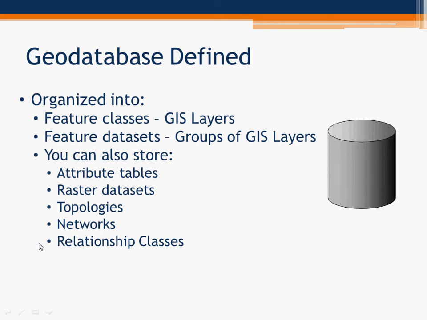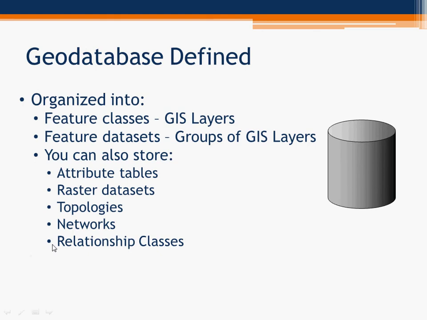Networks, relationship classes, these all have to do with how you're doing analysis, for example, on a pipe network of gas or electricity. You would model your data as a network to indicate where things are supposed to connect and where they're not supposed to connect, and where the flow of something like water or gas or electricity is supposed to go.